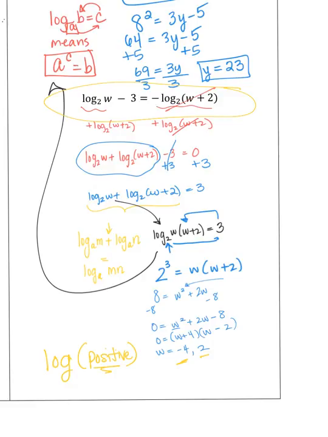So if I look at what I have, log base 2 of w minus 3 equals negative log base 2 of w plus 2. If I put negative 4 in for this w, that would be bad. It would be taking log base 2 of a negative, so I can't have -4, so that would be an extraneous solution. The w being 2 seems okay, so that's going to be my answer. So I have w equals 2, the answer to that.